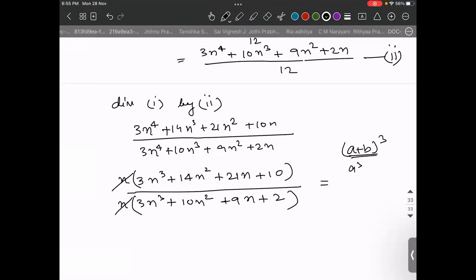Right? We know a cube plus b cube plus 3a square b plus 3a b square. How much you are getting? Show me. Okay.